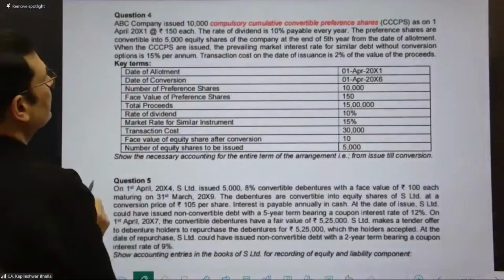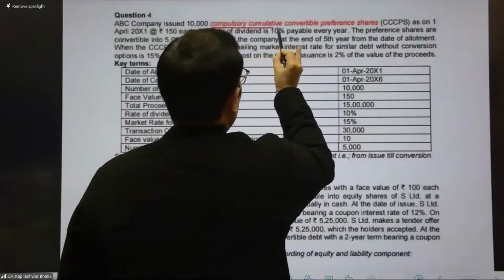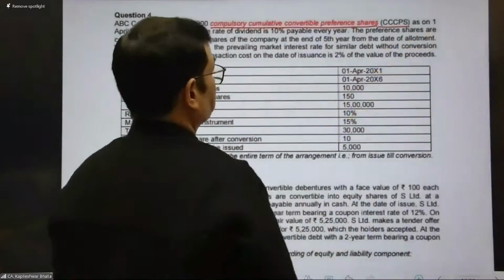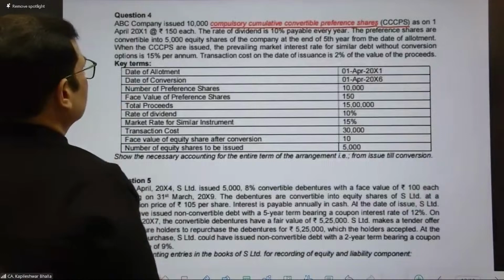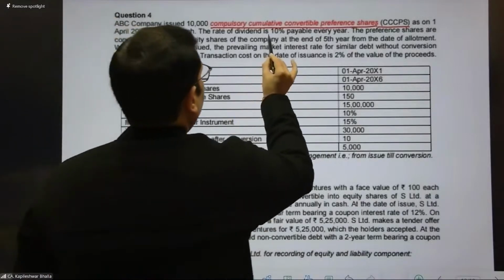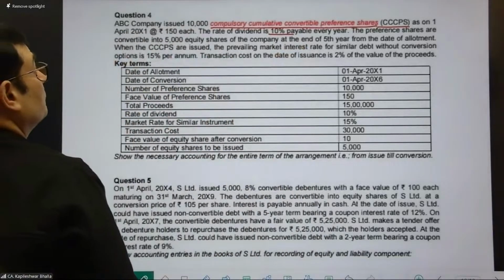Let's read. It says ABC company issued a compulsory cumulative convertible preference shares, that is triple CPS, mandatory convertible instrument, on April X1 at 150 each. The dividend is payable at the rate of 10% every year. The preference shares are convertible.